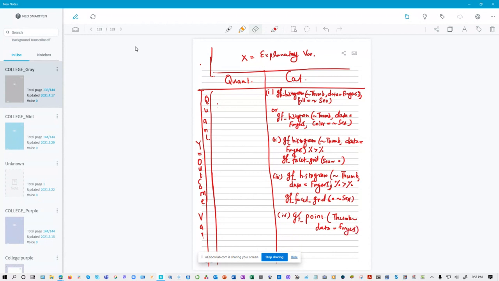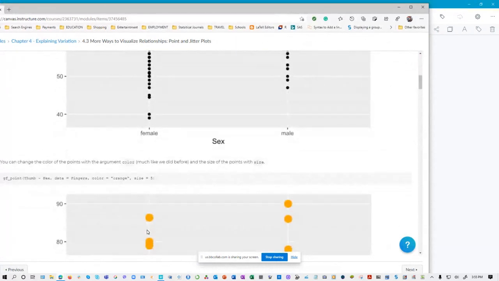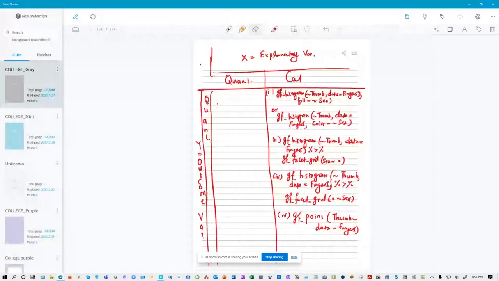That's how you get this one. I like to call that a point plot. Doing adjustments and making it fancy, that's a different story.